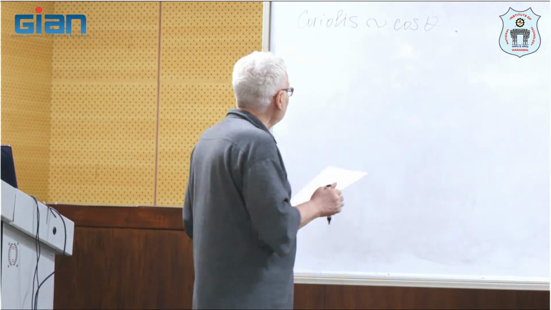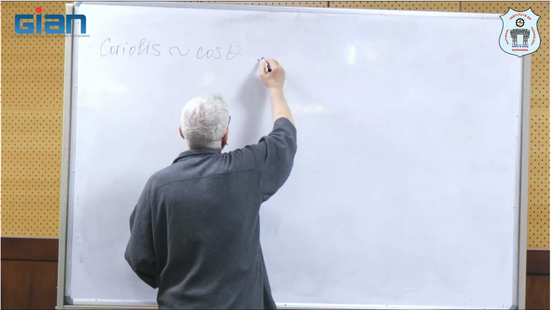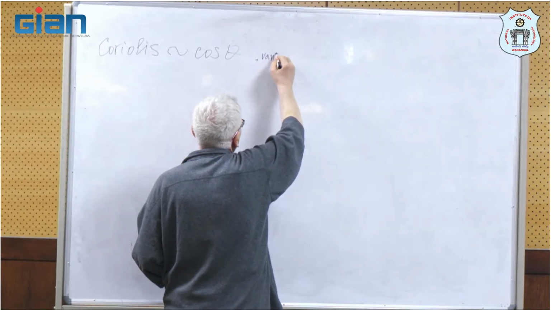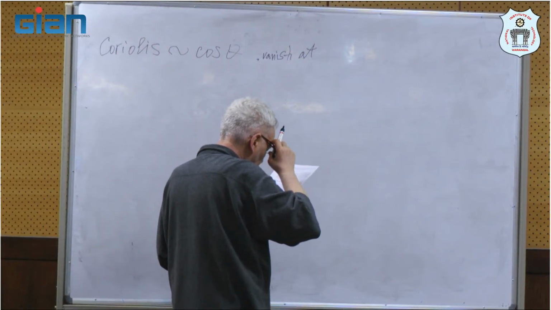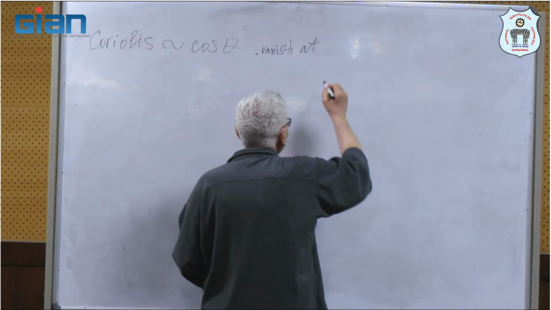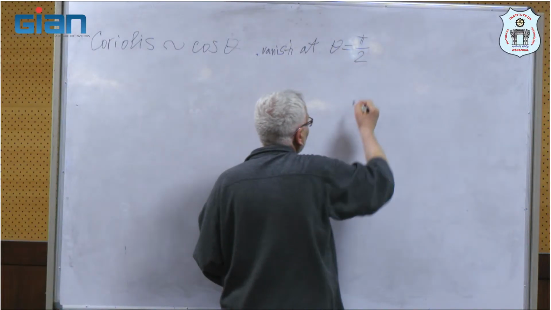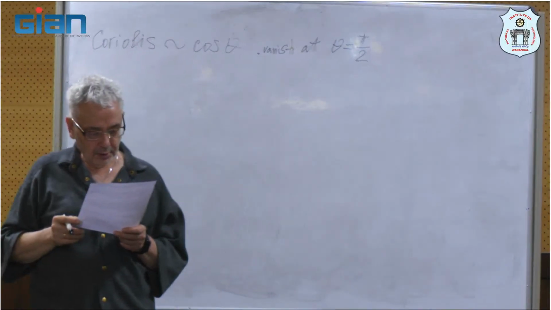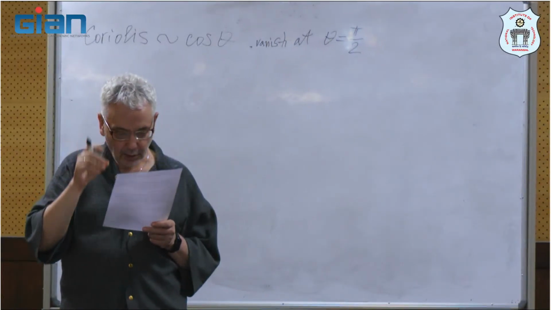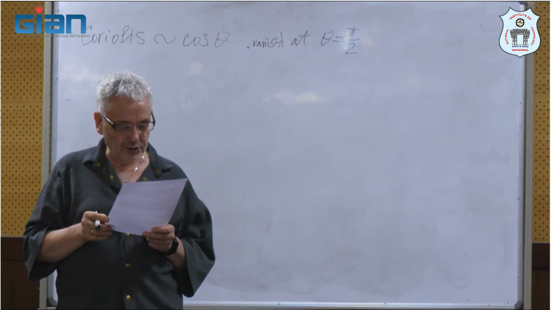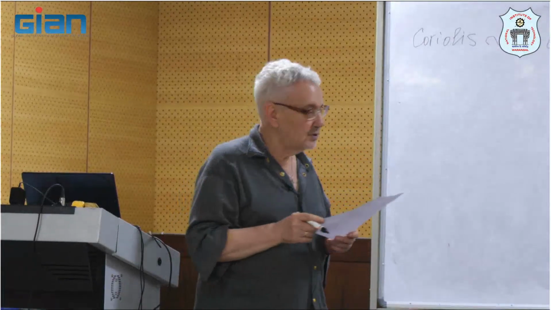So in this cosine, if we consider the equator, at the equator, where this theta is equal to half pi, in this case the latitudinal dependence in the derivative can no longer be neglected compared to the radius dependence.